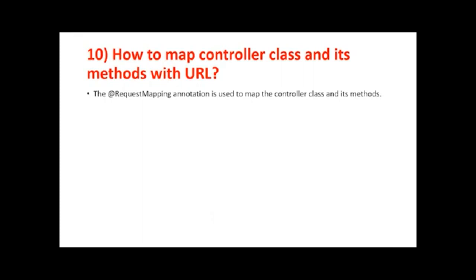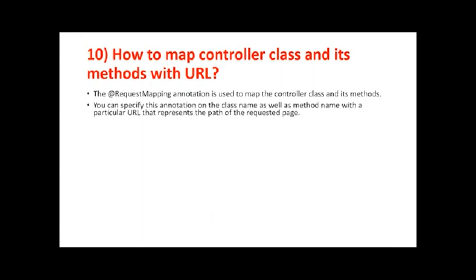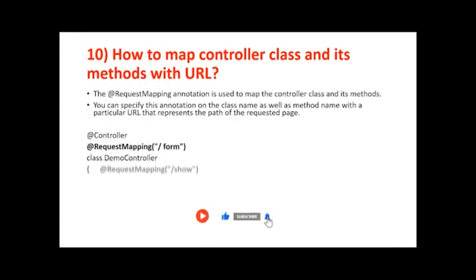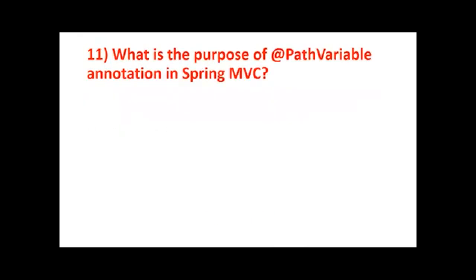So we can use @RequestMapping. So we have to specify the URL and the method types, all the details. So you can see some examples I'm just mentioning: @RequestMapping on a class level, @RequestMapping on a method level we can use. So what is the purpose of @PathVariable annotation in Spring MVC?